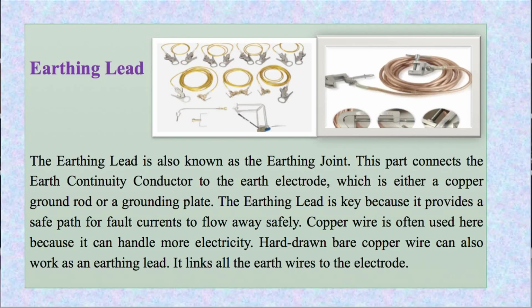Next point is earthing lead. The earthing lead is also known as the earthing joint. This part connects the earth continuity conductor to the earth electrode, which is either a copper ground rod or a grounding plate. The earthing lead is key because it provides a safe path for fault currents to flow away and safety continues.